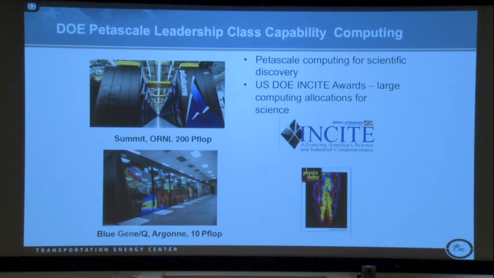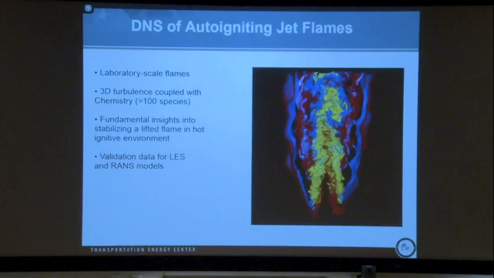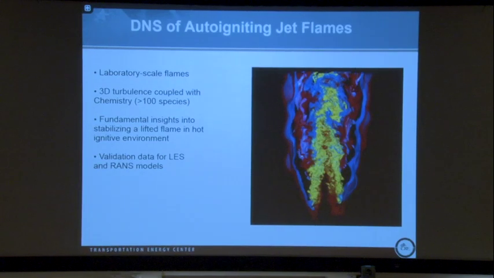And you get awards of substantial amounts of computing time, upwards of 100 million hours per year, once you show that your code can scale and utilize these resources. And so with that kind of computing power, it is possible to do small laboratory scale flames. This is a hydrogen air lifted jet flame that we simulated a couple years ago.